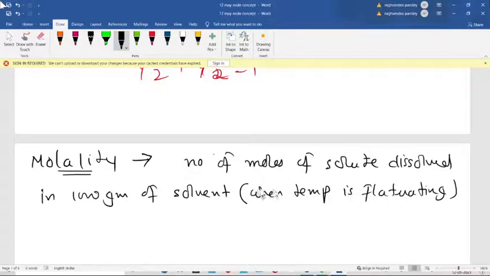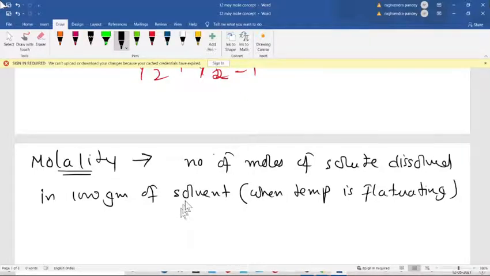So what happens with the volume? Suppose we take molarity. In molarity, we use 1000 ml of solution: the number of moles of solute dissolved in 1000 ml of solution. When there is a sudden change in temperature, the volume changes.